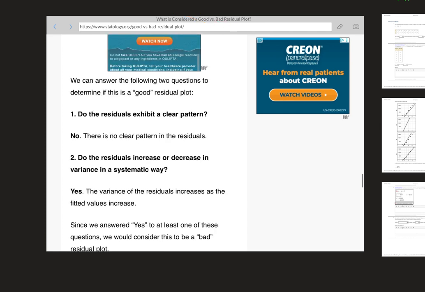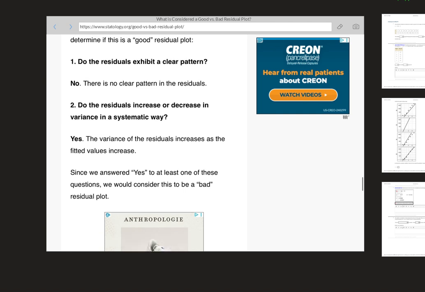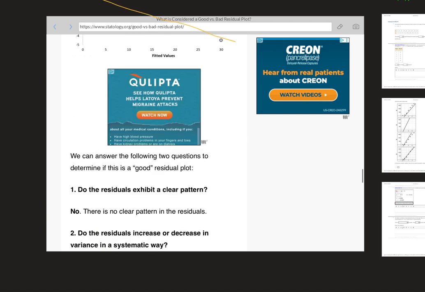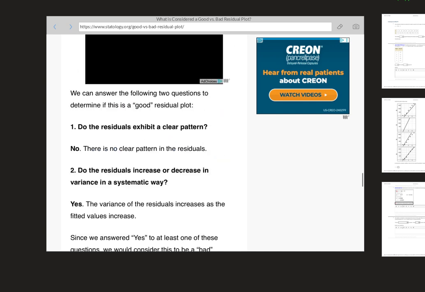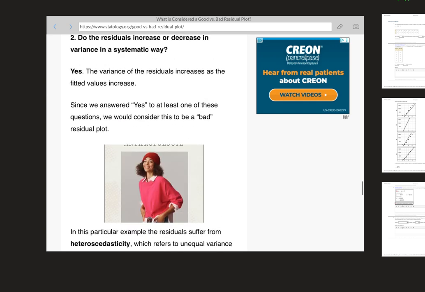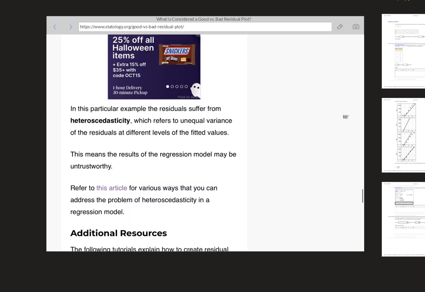So do the residuals exhibit a clear pattern? No, there is no clear pattern. And second, do the residuals increase or decrease in a systematic way? Yes, which is what I said. The green line seems to go up, the yellow seems to go down.